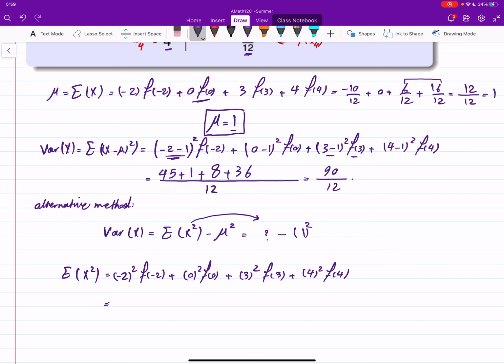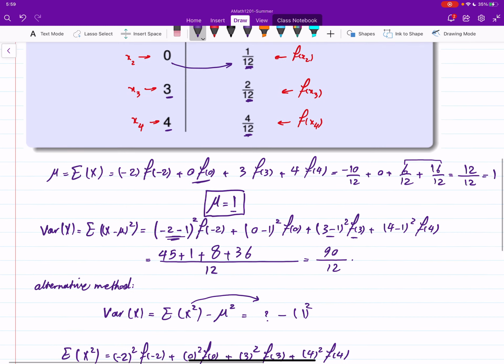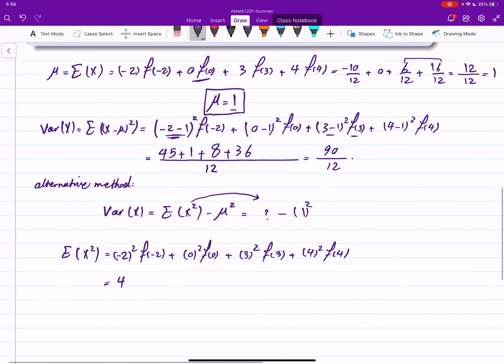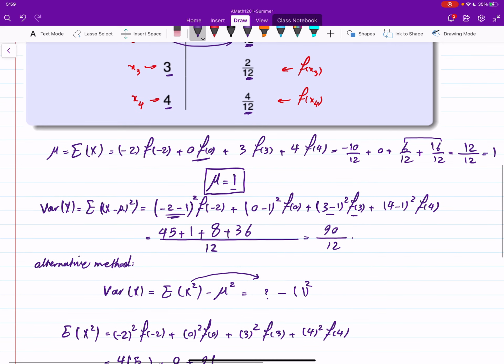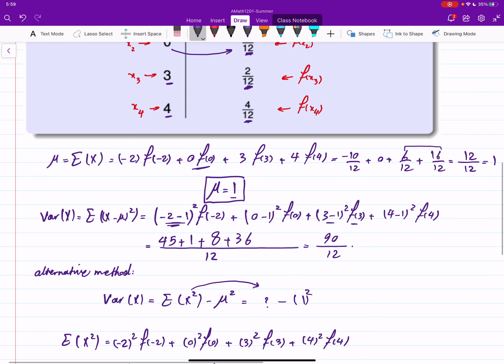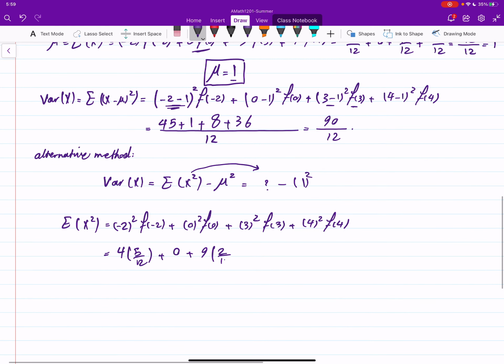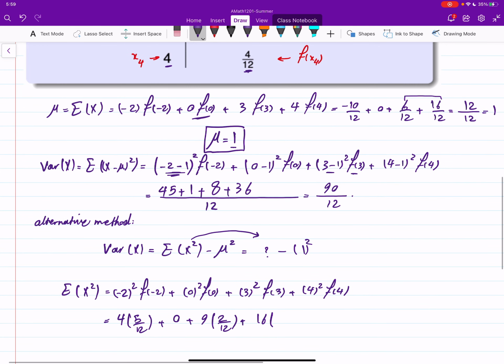So this is 4 times f at negative 2, which is 5 over 12. 0, whatever, is 0. 9 times f at 3 is 2 over 12. This is 16, and f at 4 is 4 over 12. Now, again, the common denominator is 12.